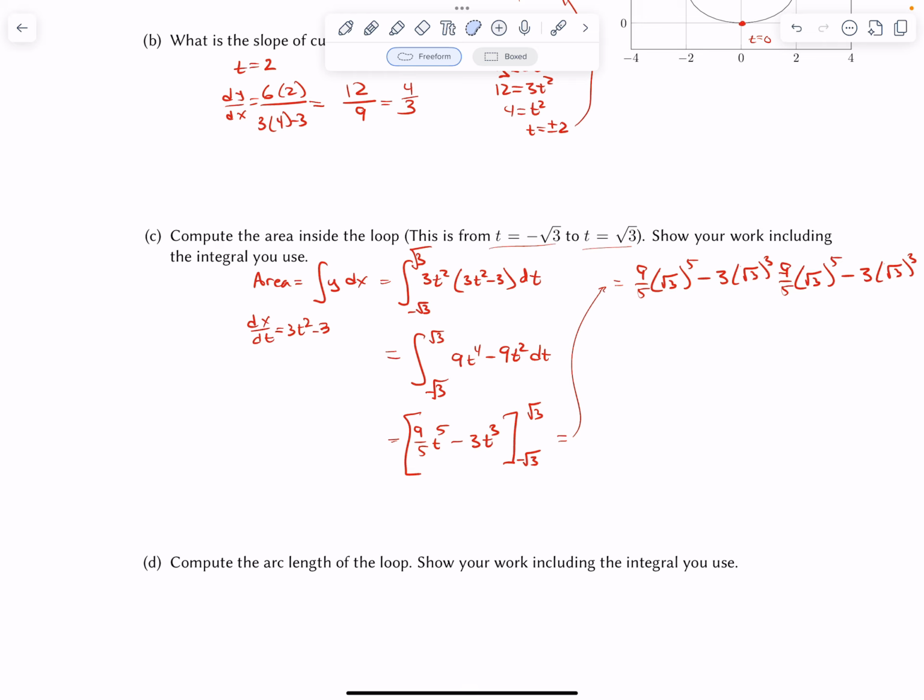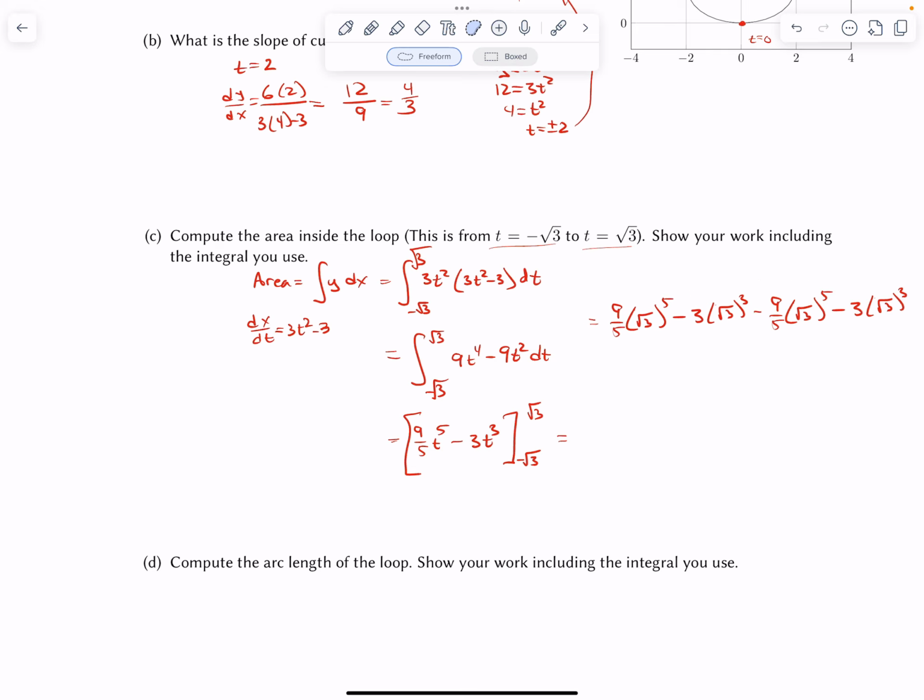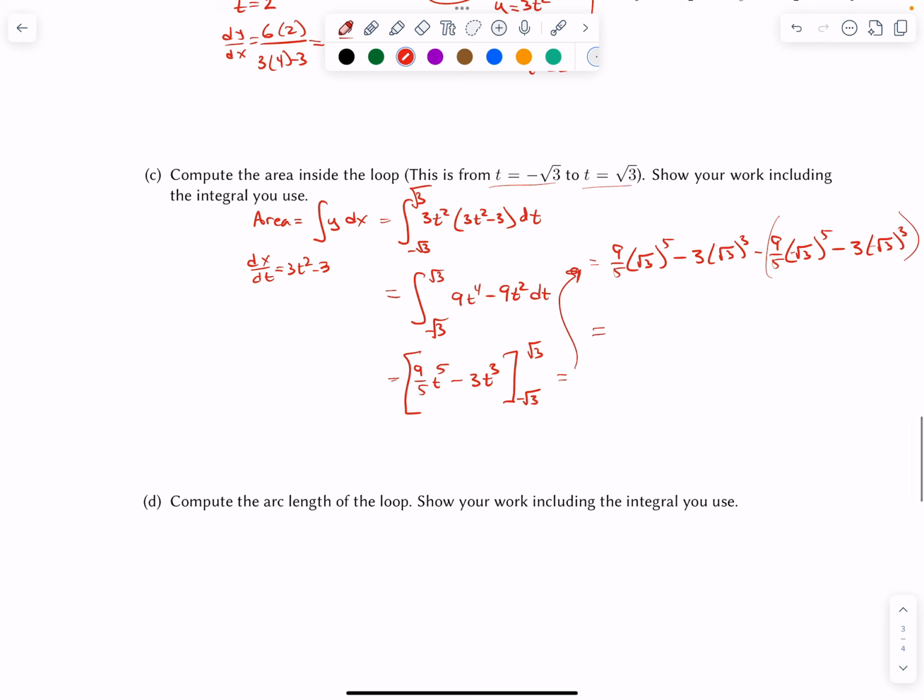But, you know, I've got the technology, I might as well use it. Put the negative here, negative there. Okay, there. So because of the double negative, this ends up becoming 18/5 radical 3 to the 5th minus 6 times radical 3 to the 3rd.